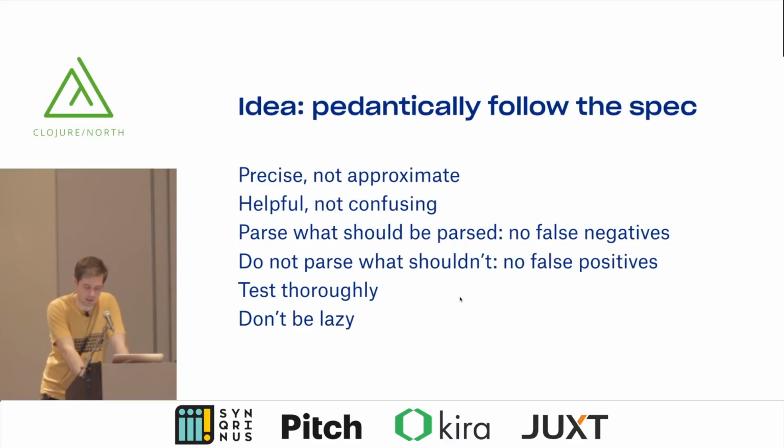Well, they are well defined, but there's a gray area between them. For example, by the EDN specification you can't use regular expressions in it, right? But by Clojure's implementation of EDN, you totally can. So the implementation actually does much more than the specification allows, and people, of course, are using that. So it's not clear whether you should highlight stuff like that or not. So yeah, I just do.